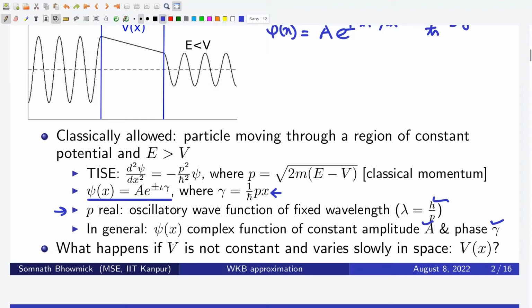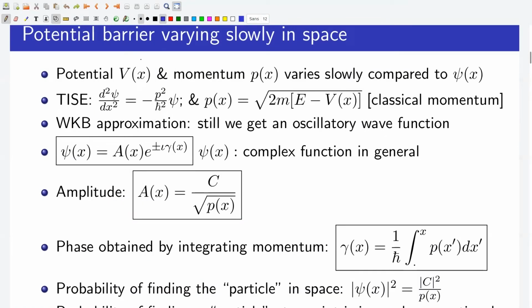However, let us try to understand what happens when V is not a constant, but varies slowly in space. As a result, momentum p also varies slowly in space.